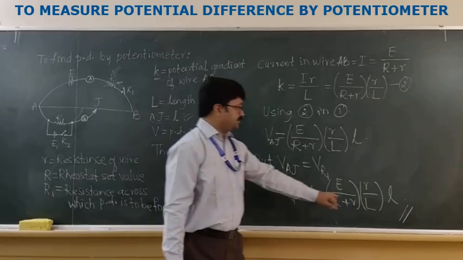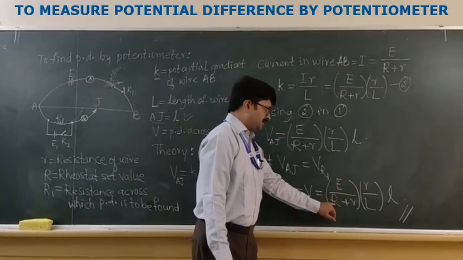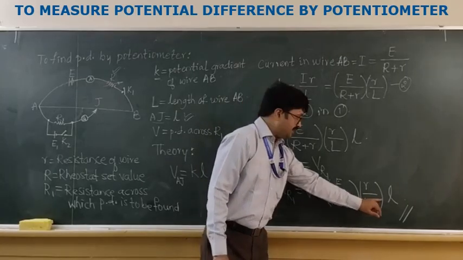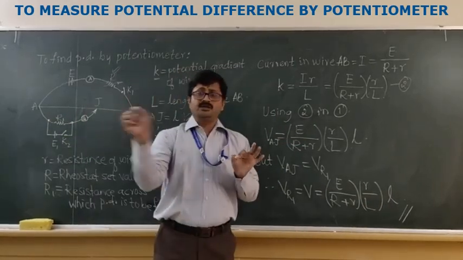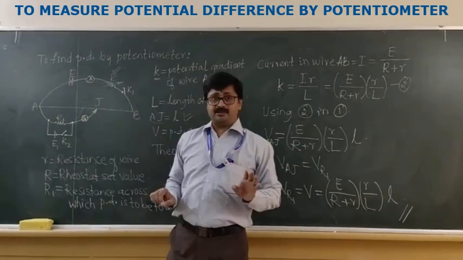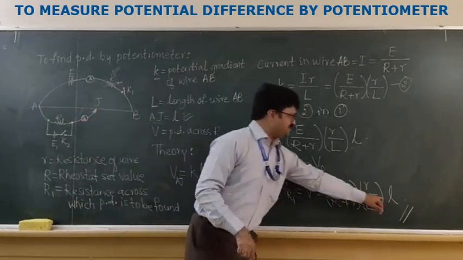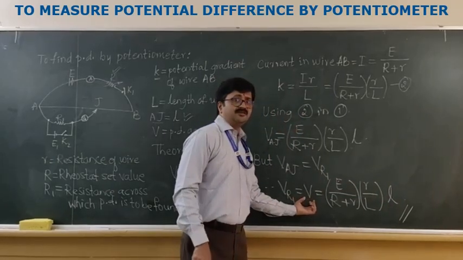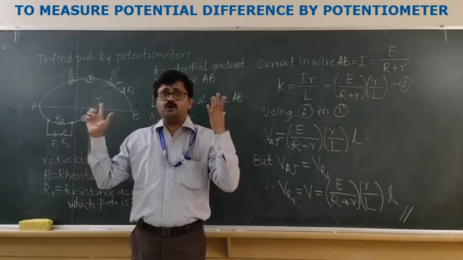Now by knowing the value of small l: EMF is known, capital R is known, small r is known, capital L is known, and small l should be measured by taking the potentiometer experiment. Okay, in the experiment we will measure length AJ. That length AJ is nothing but l here. If you substitute everything, we will get the potential difference between any 2 points.